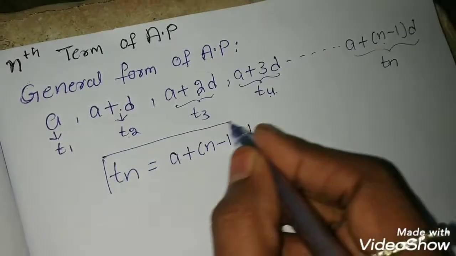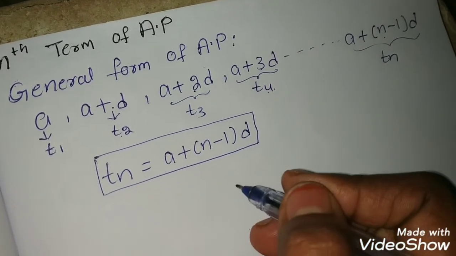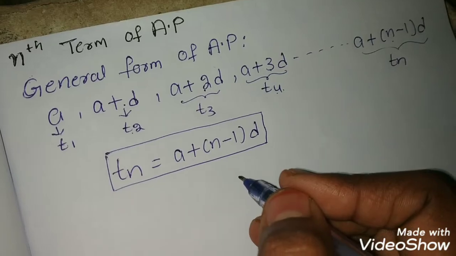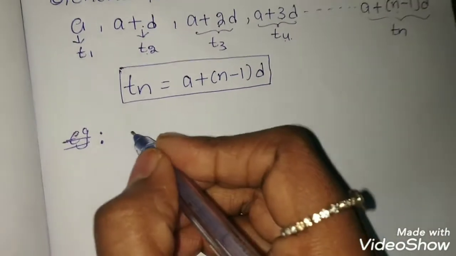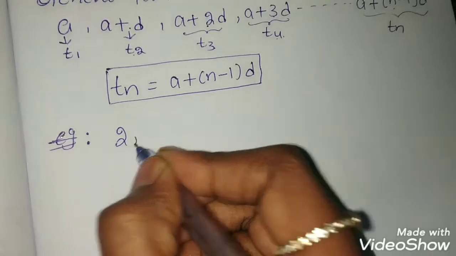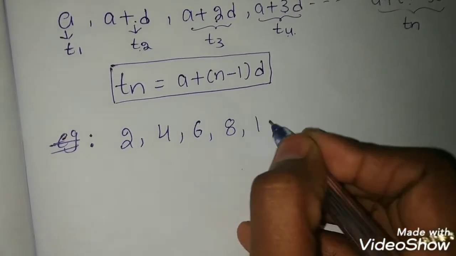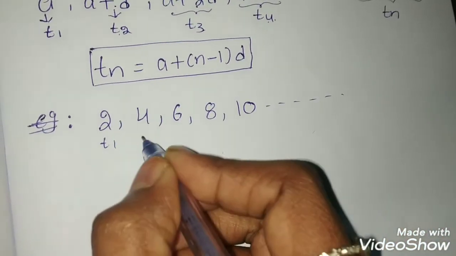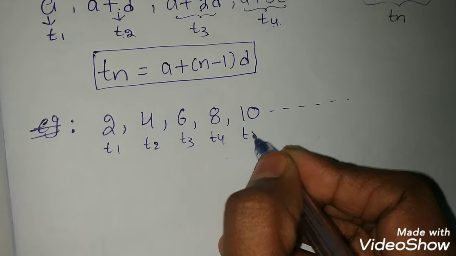Okay, up to here it's good. So why do we have to use this? What is the use of this formula? Yes, of course. See here, generally if you take the sequence 2, 4, 6, 8, 10 and so on, this is term 1, term 2, term 3, term 4, term 5.